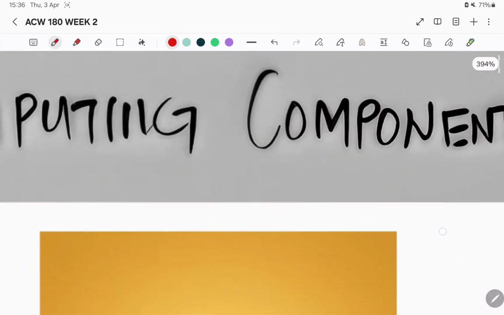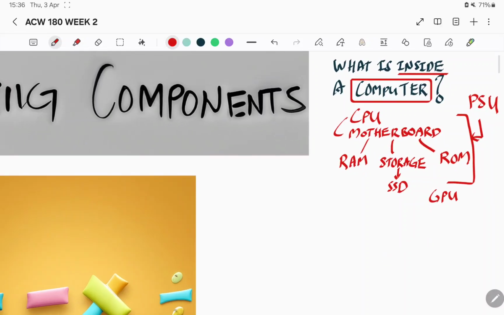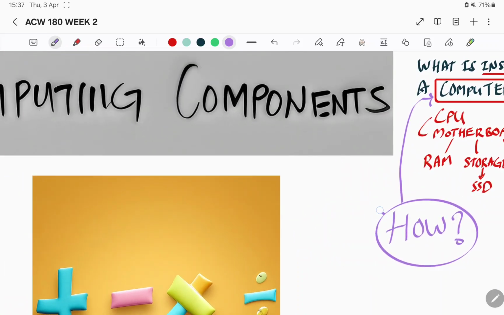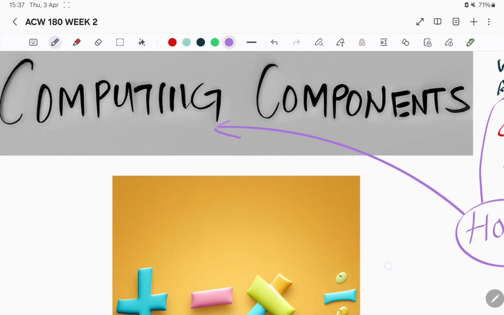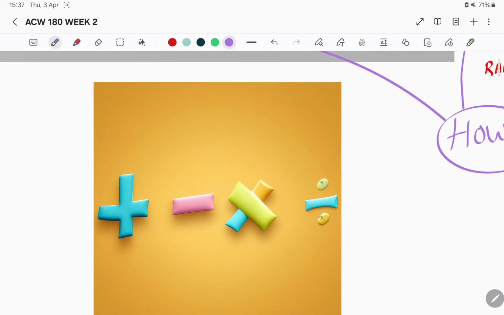Next we look into detail on how these parts contribute to or form the computing components, like how this actually works. How does a computer compute? A big question mark.